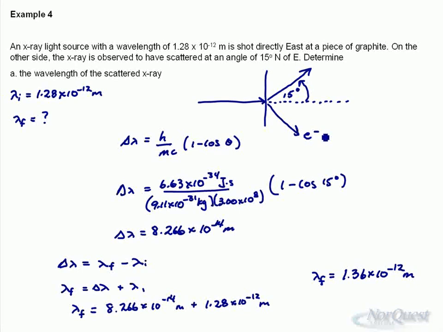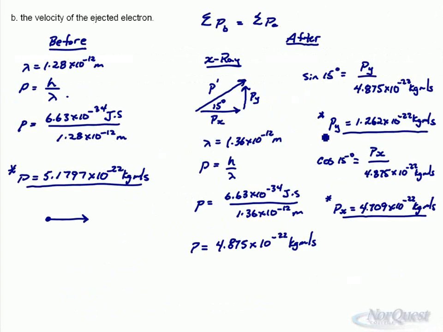So if we go to a picture and we work on now the electron after, I just don't have enough room to do that all in one slide. The electron's going to move at some angle south of east, and we don't have any information except for its mass. Mass equals 9.11 times 10 to the negative 31 kilograms.